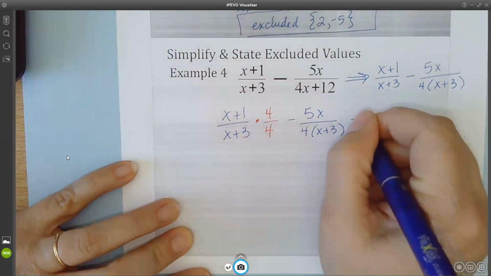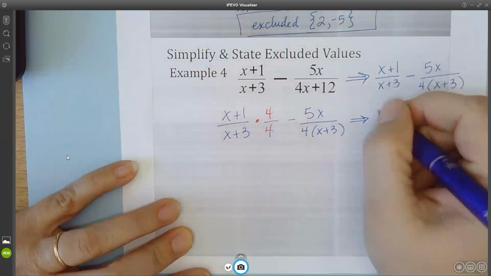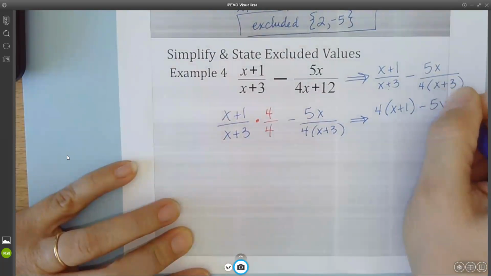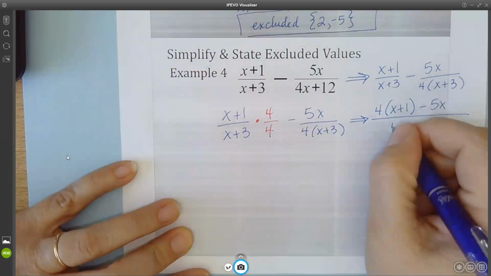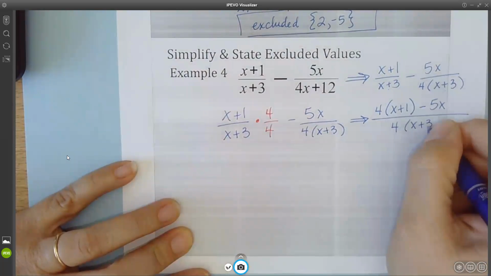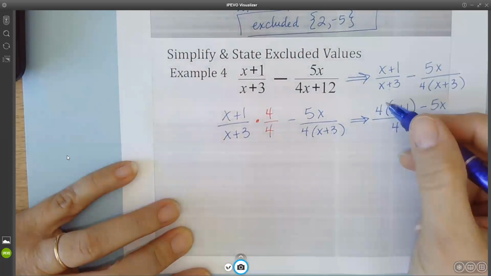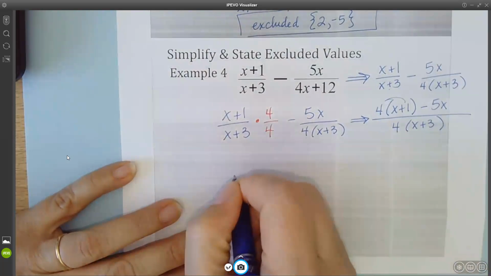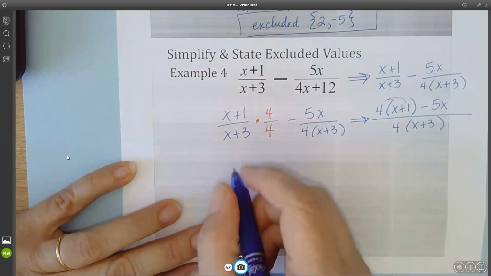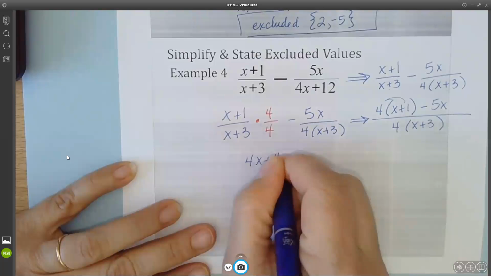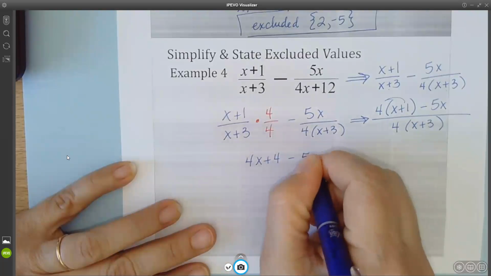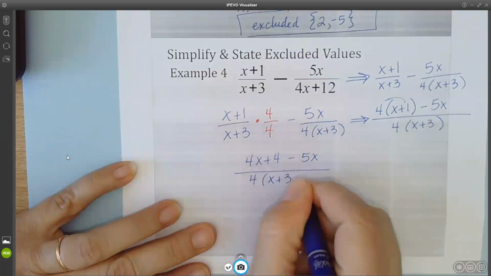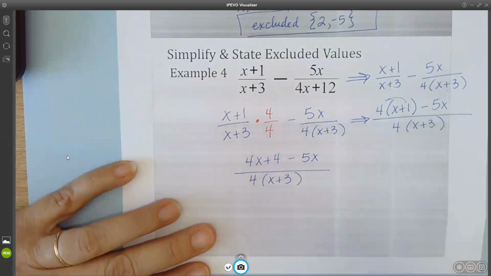Okay, so here I have then 4 times x plus 1 minus 5x. And the common denominator now is 4 times x plus 3. I need to distribute my 4 in here. I can rewrite this rational expression as 4x plus 4 minus 5x over 4 times x plus 3.